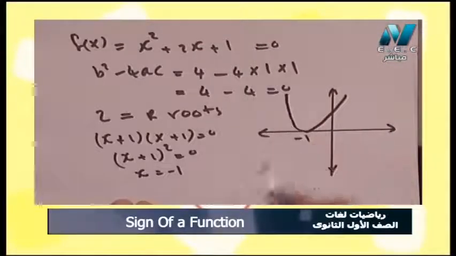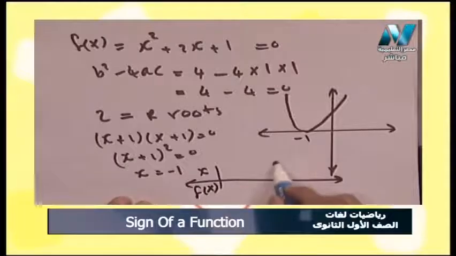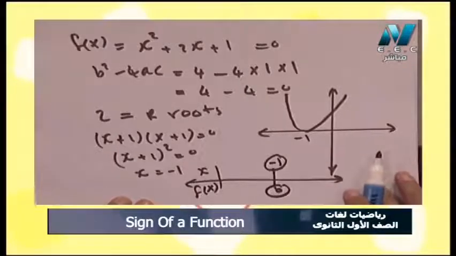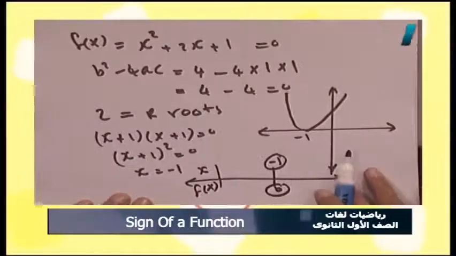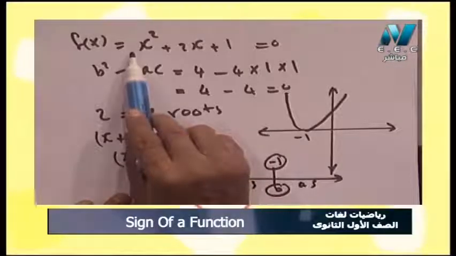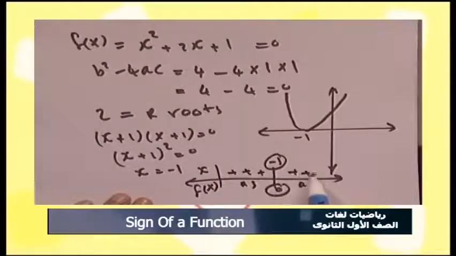So when we draw the number line like that, here x and here f(x), we have only one root, which is negative 1. Negative 1 here makes the function equal 0. So it will be as what? As the positive sign of the coefficient of x power 2. It will be positive here and here.